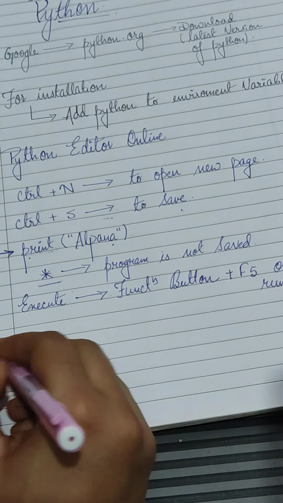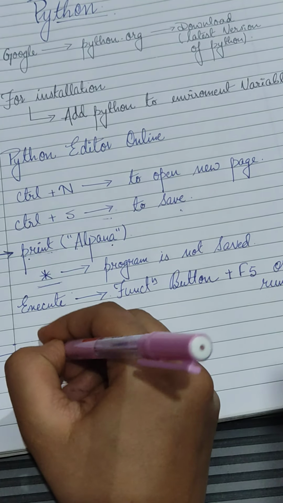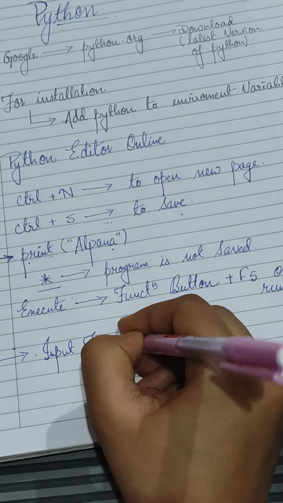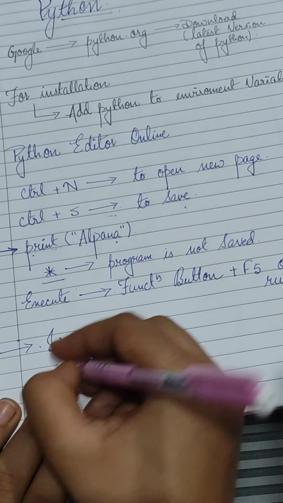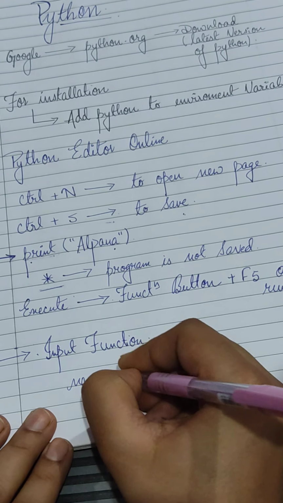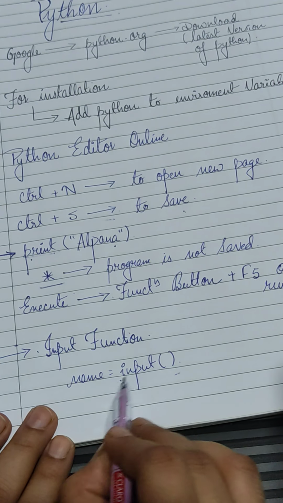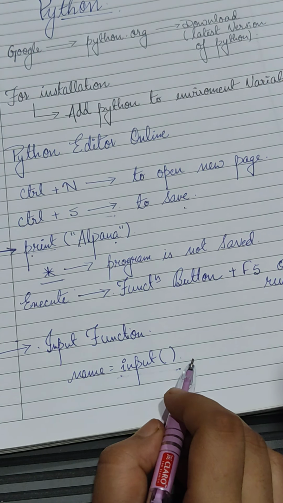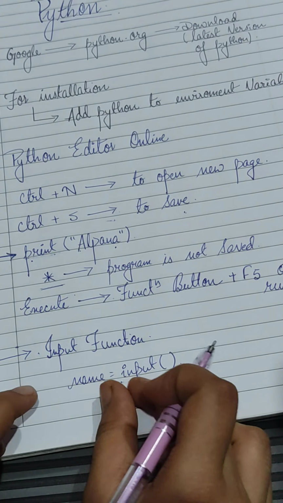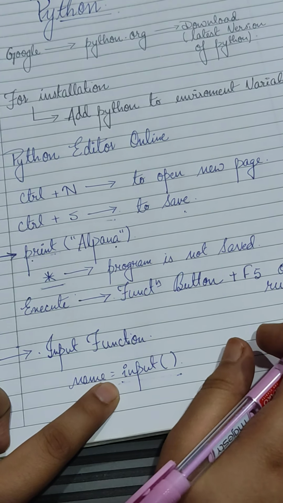Now, if we want to take input, how can we take it? There is an input function in Python. For example, I am writing name is equal to input. If you simply write input, it will take a string. So here, if I write name is equal to input, a console will open, and in that console you can write any string.